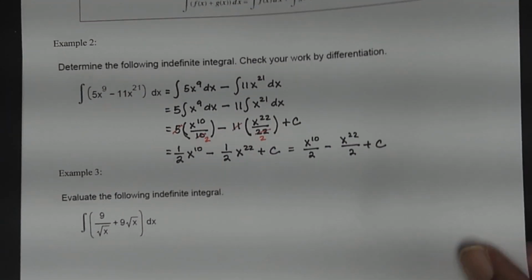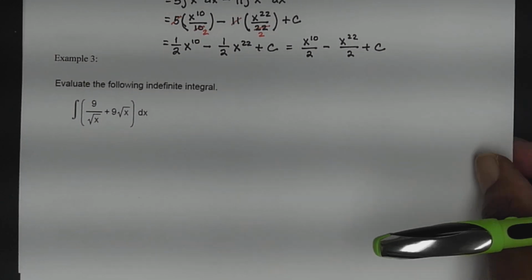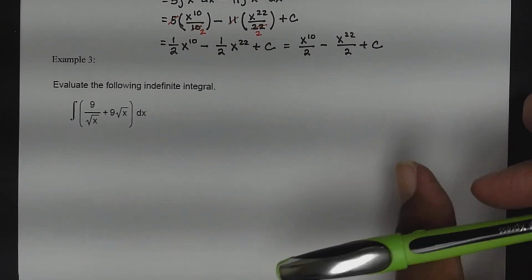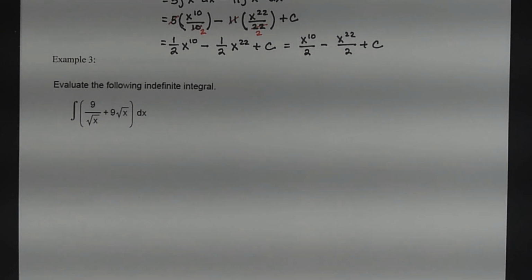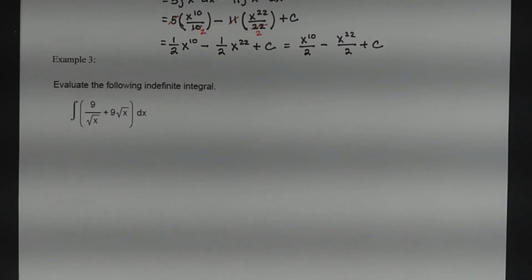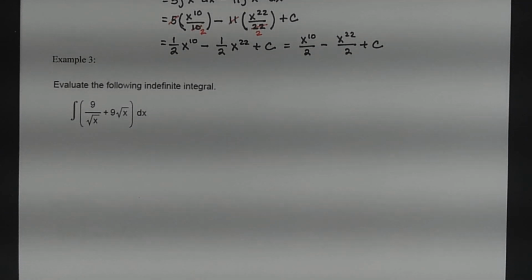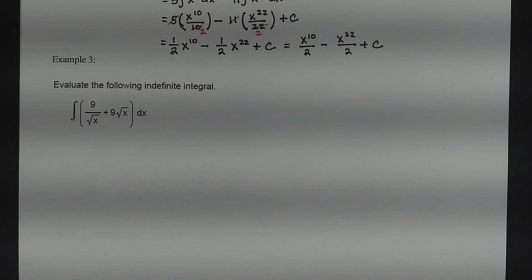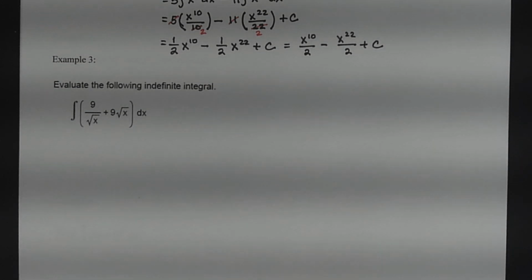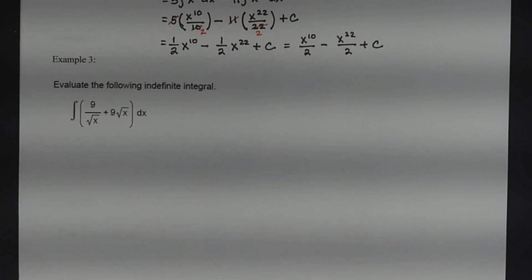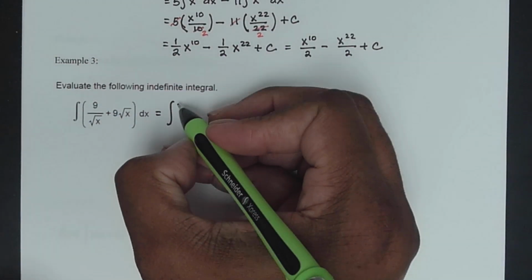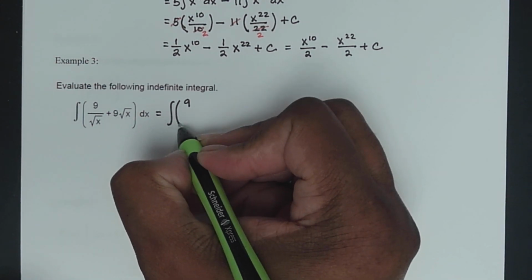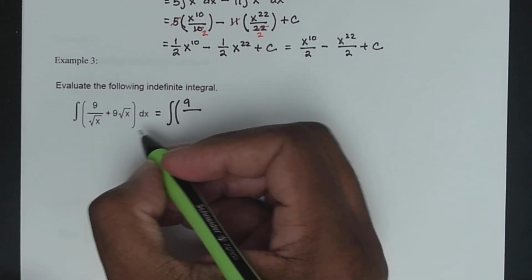All right, let's look at example 3. Here we got this. We got the integral of 9 divided by the square root of x plus 9 square root of x. What I'm going to do here first is write the square root of x in its equivalent exponential form. Okay, so here I'm going to bring over the integral sign of 9 over the square root of x.